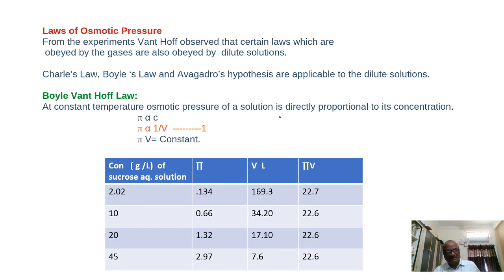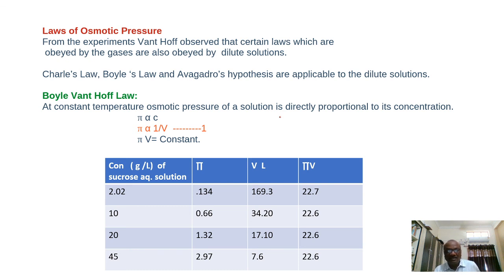What is the first law? It is Boyle's-Van't Hoff law. What is the meaning of Boyle's law? Boyle's law says that the pressure and volume of a gas are inversely proportional at constant temperature. That we observe in the case of ideal gases.